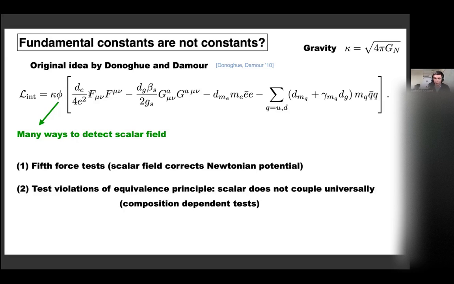This is what people call composition dependent tests, in the sense that you take relative accelerations between bodies made of different things, of different matter.